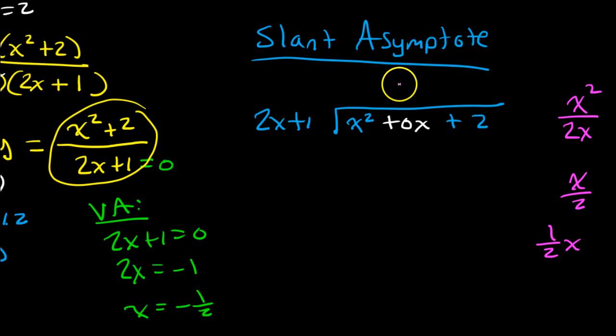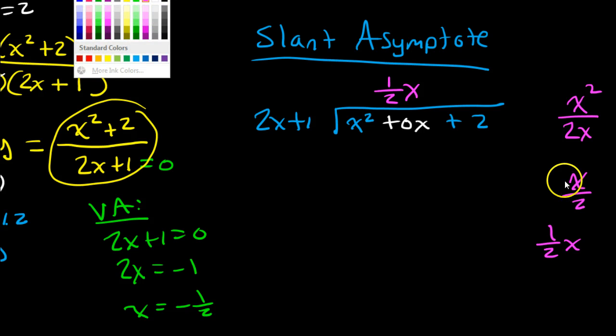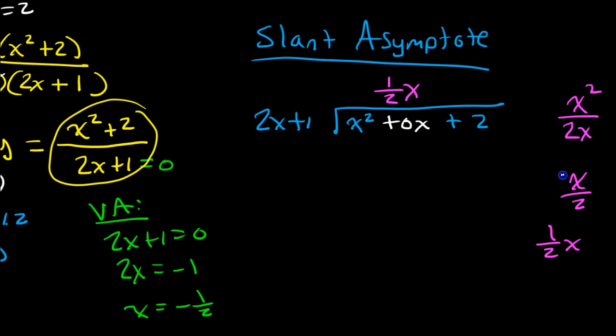So that is what we're going to have to put up here, is 1/2 x. Again, x over 2, you know there's an invisible 1 in front of the x, so that's where this 1/2 is coming from. Okay, so I have 1/2 x.